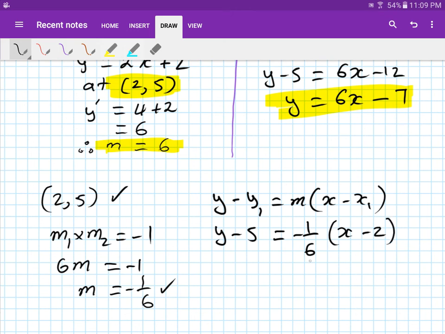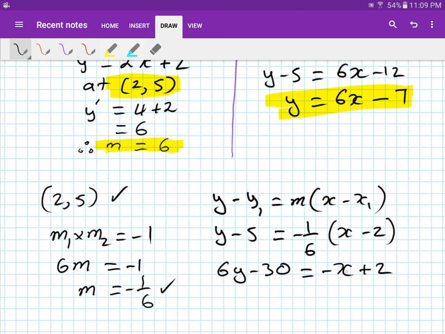Now, because of the fractions, it's best to make it into general form. So I multiply everything by 6, which is 6y minus 30 equals, and because I multiply by 6 on both sides, the 6 disappears, leaving minus 1. So minus 1 times x is minus x. Minus 1 times negative 2 is plus 2.